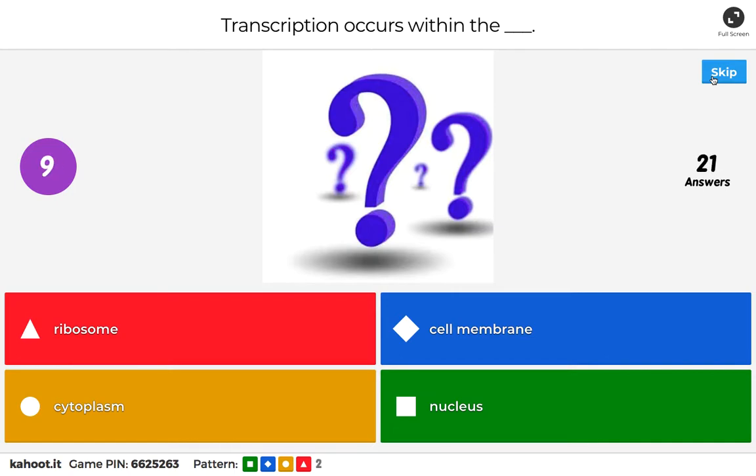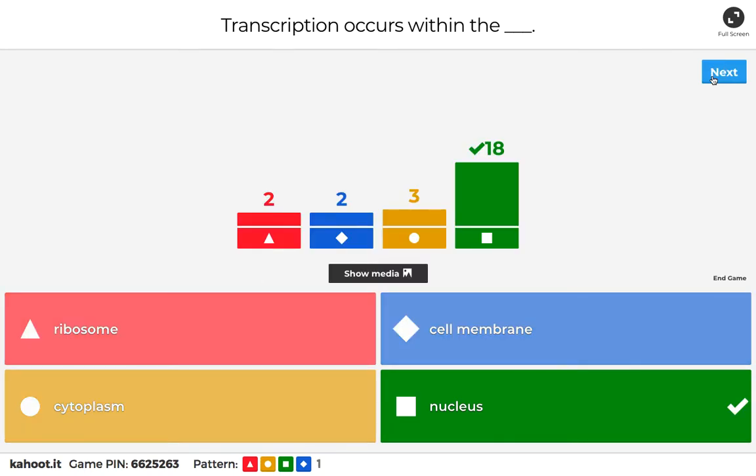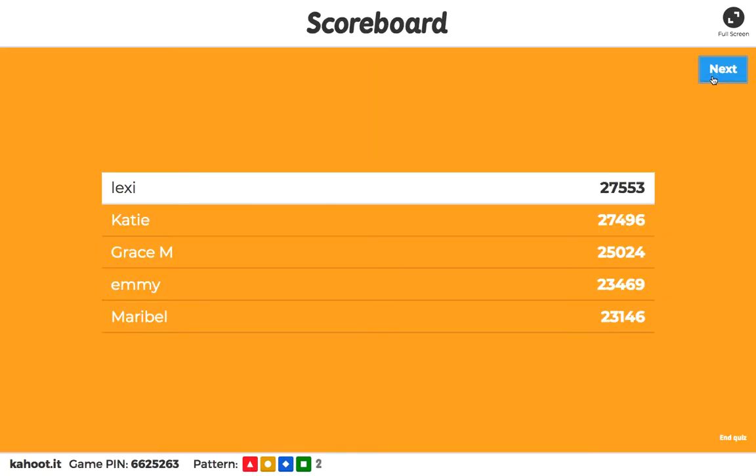Most specific correct answer. And the nucleus. What does transcription do? It makes mRNA from DNA. Good.